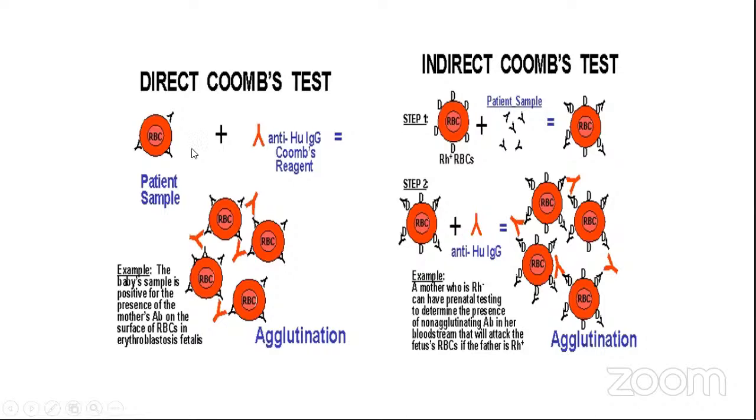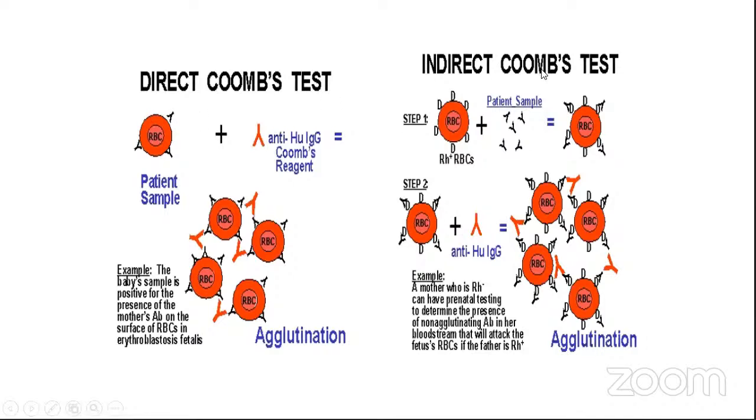So what we do is we take the mother's sample and we add antibody to this antibody, that is anti-human IgG antibody, which is called the Coombs reagent. This will now agglutinate this non-agglutinating antibody and produce agglutination. This is called the direct Coombs test, where the sensitization occurs in vivo.